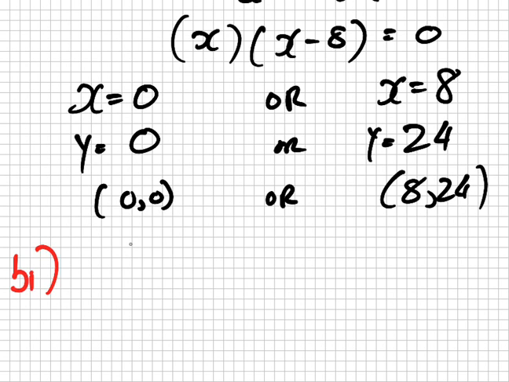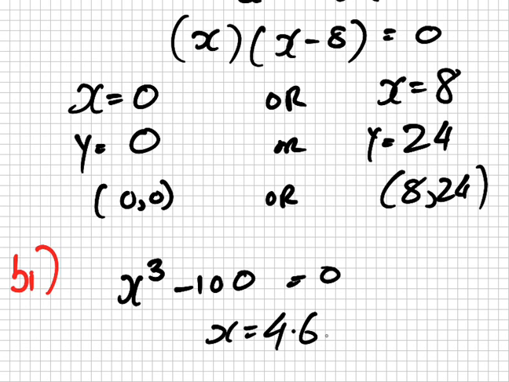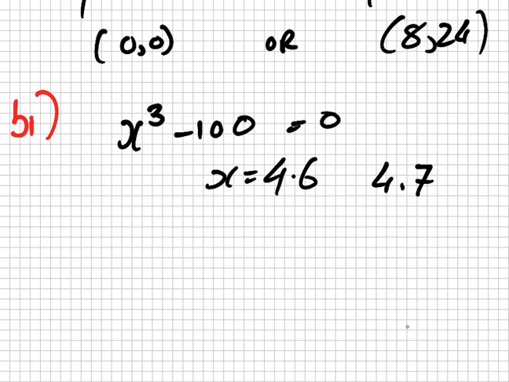So B here, x cubed minus 100. You want to show that it has a root somewhere between 4.6 and 4.7. So do you remember how to do this on your calculator?